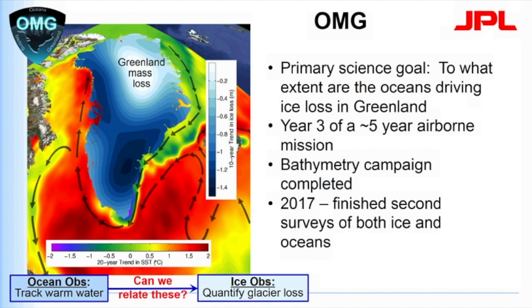Year 3, or really year 3.5 of our 5 years, we intend to collect data, at least in the ocean, through 2020. And there's several different pieces, but the basic idea is that we know, as I said before, Greenland's melting.